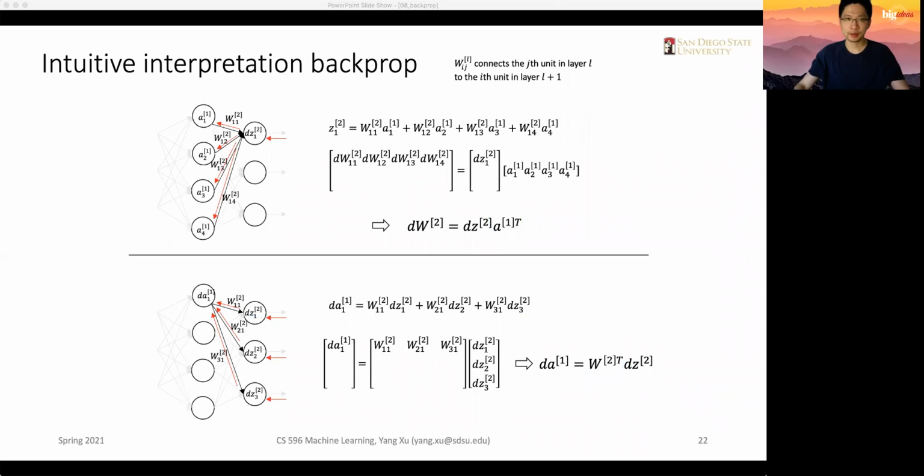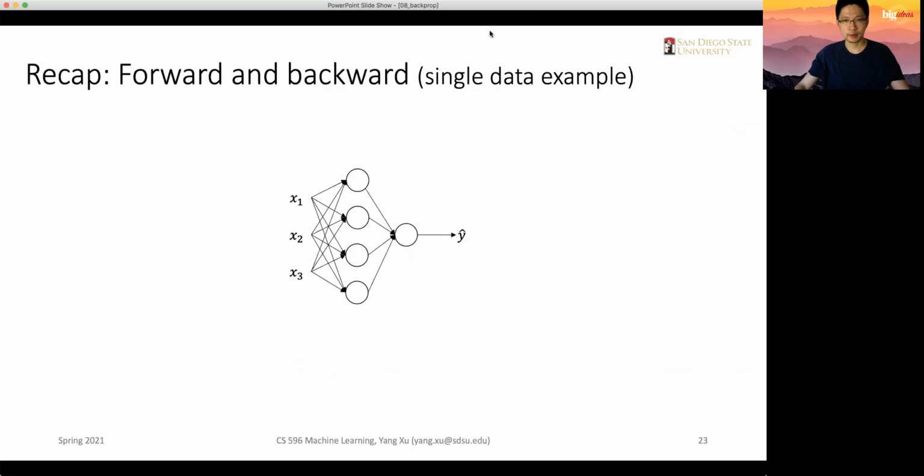All right, so let's do a recap of the neural network, summarizing the forward and backward processes real fast. First, let's use a single data point. Whenever we use a single data point, we use lowercase notation, a lowercase x.